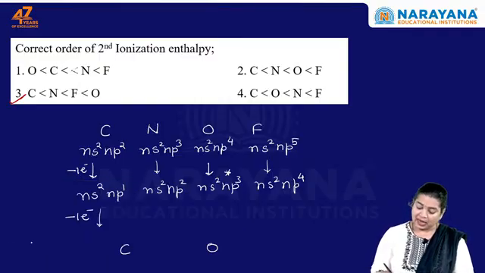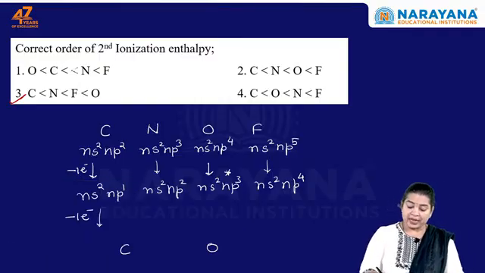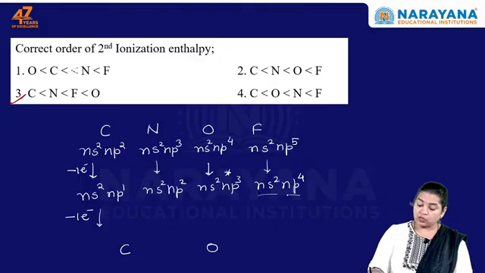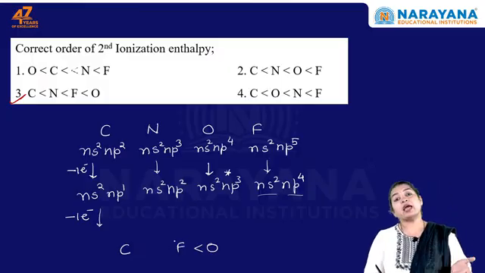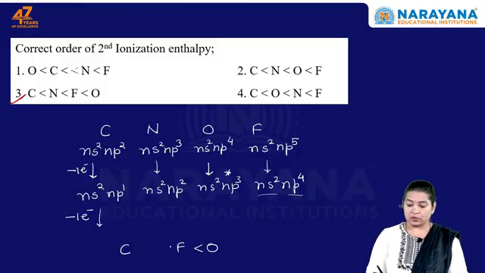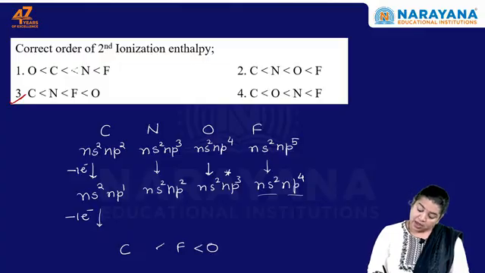Let us talk about the others also. So Ns2Np2 and Ns2Np4. Ns2Np4 carbon-like will have relatively more effective nuclear force, so it will have higher ionization energy than the Ns2Np2 configuration.